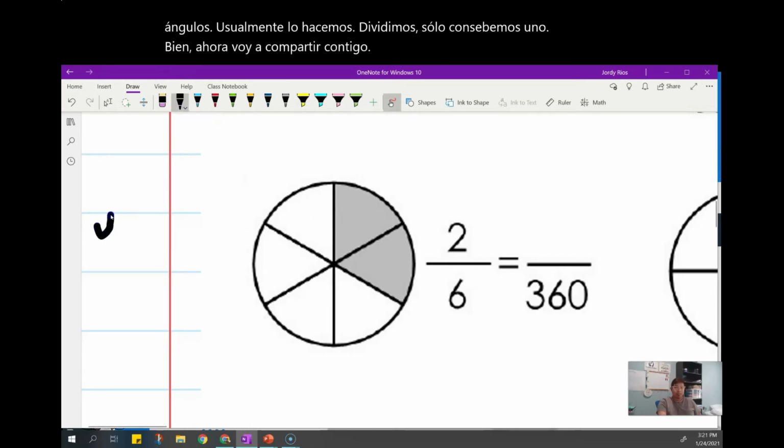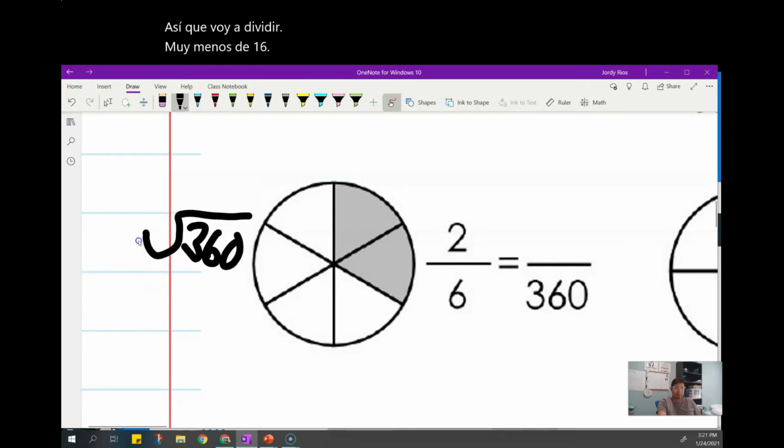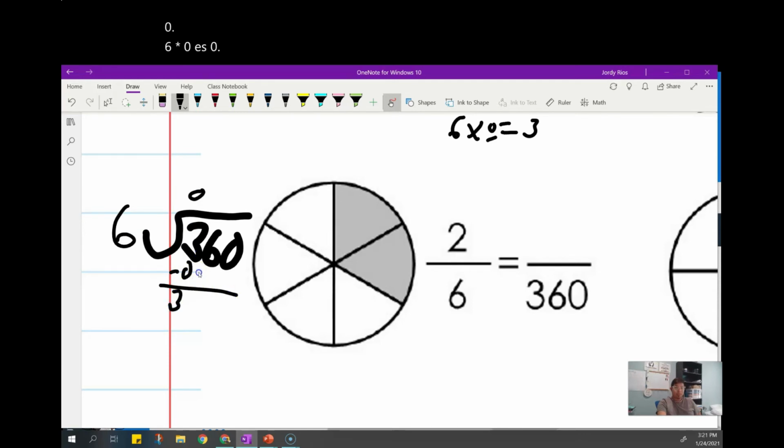So I'm going to divide 360 by 6. Okay, so 6 times what will equal 3? 0. 6 times 0 is 0. 3 minus 0 is 3.